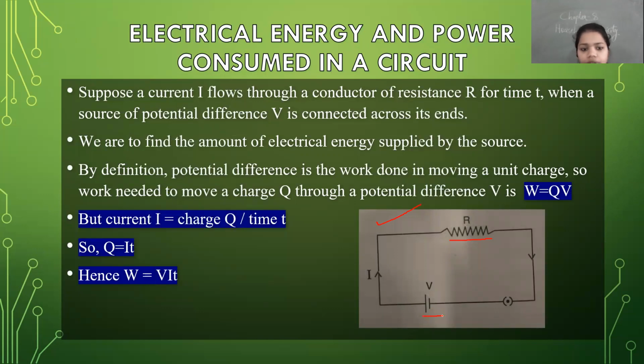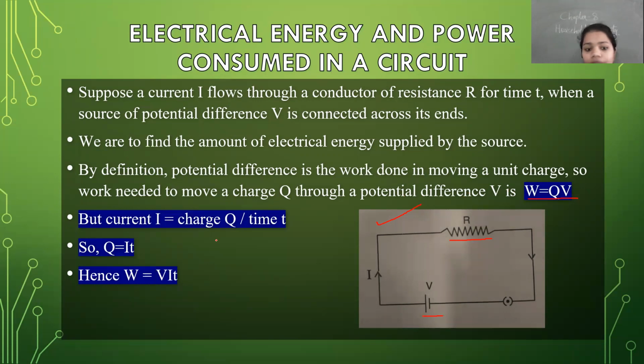By definition, we know that potential difference is the work done in moving a unit charge. So suppose we need to move a charge Q through a potential difference V. We can say that the work done W is equal to Q into V, where Q is a charge and V is a potential difference.